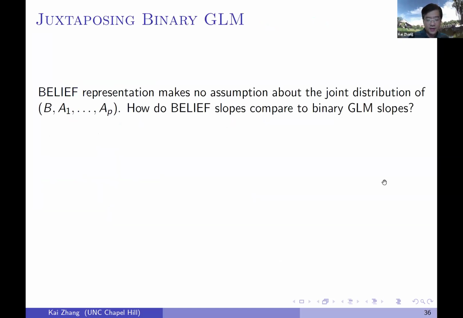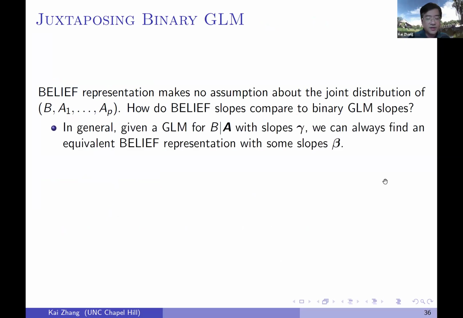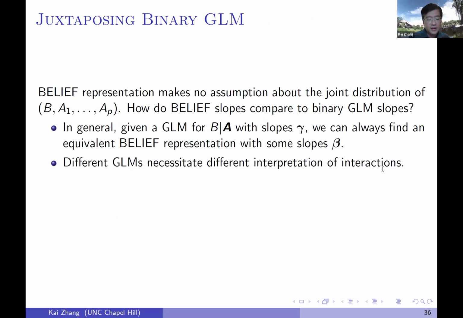Now let's connect it with GLM and other things. So what's the connection to GLM, right? It's also a linear model. It turns out belief is a further generalization of GLM, in the sense that all the GLM slopes can be regarded as a function of belief slopes. So that's a generalization, but this means GLM is imposing some model.